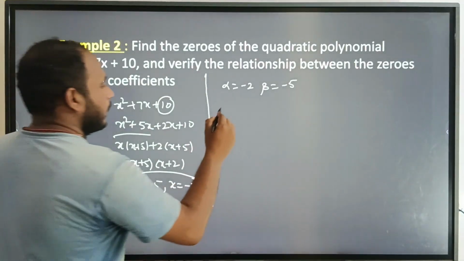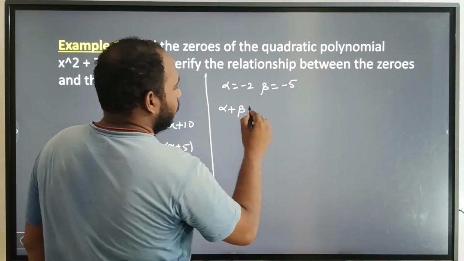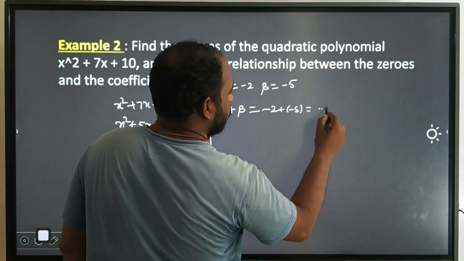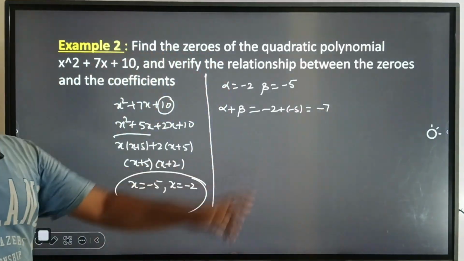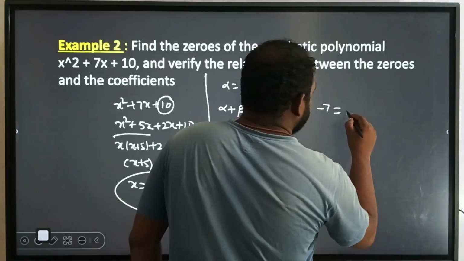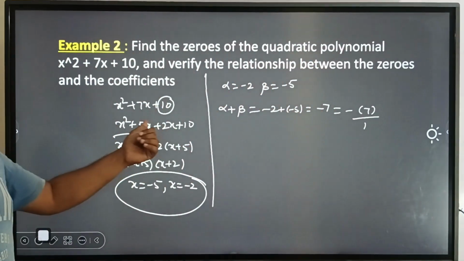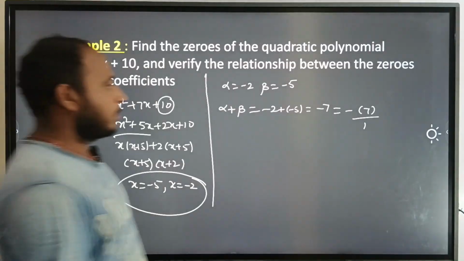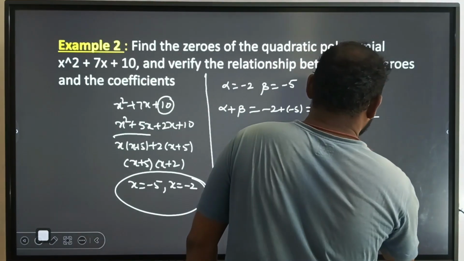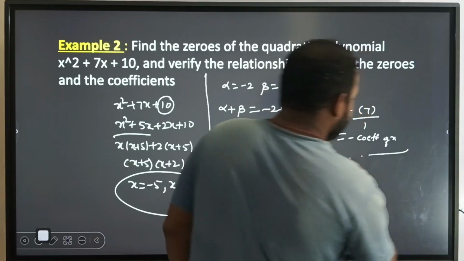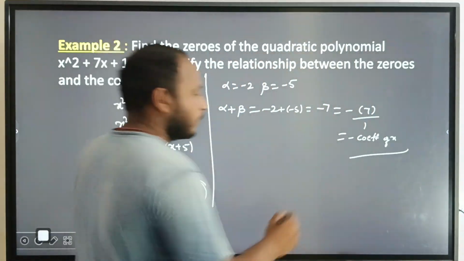Then alpha plus beta, that means the sum of the zeros, equals minus 2 plus minus 5, which is equal to minus 7. Minus 7 can be written as minus of 7 by 1, where 7 is the coefficient of x. That means minus of coefficient of x, divided by 1, the coefficient of x square.